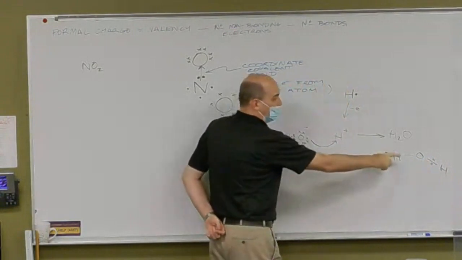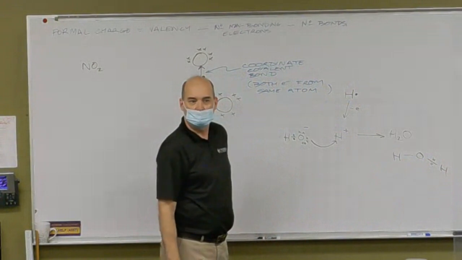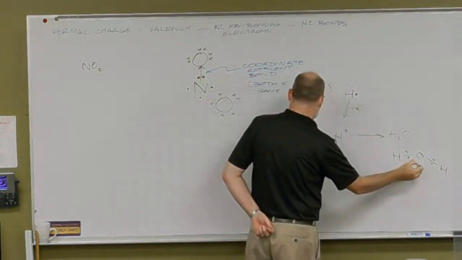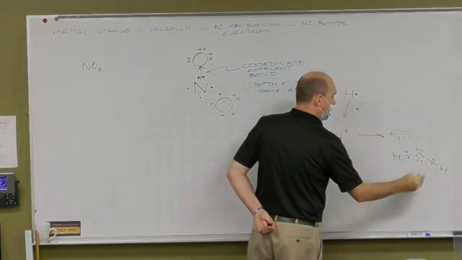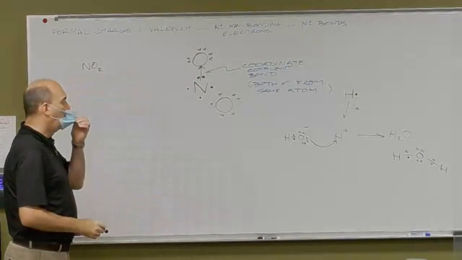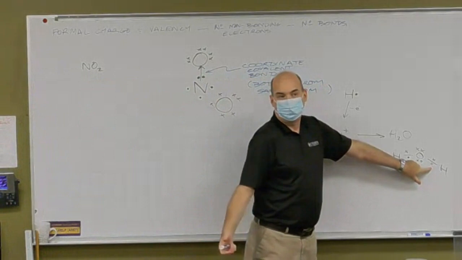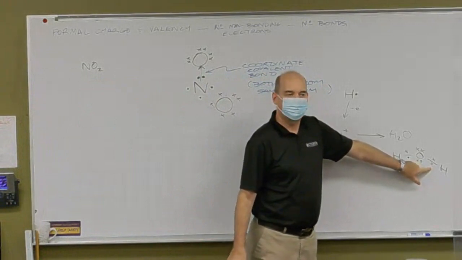The electrons in the new bond both used to belong to the oxygen. So we can account for all of the electrons, and when this bond is made, it just looks like a covalent bond to me. It's 2 electrons shared between 2 atoms. Okay.